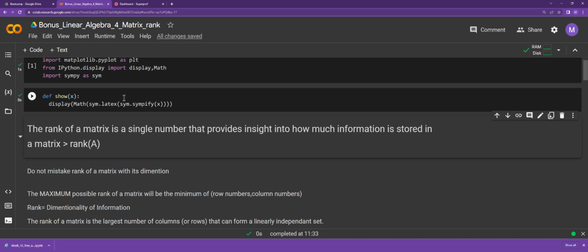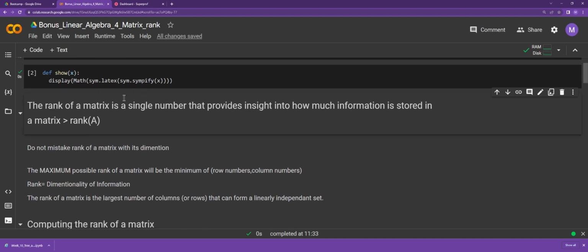Whereas if a matrix has three columns and two of the columns are linearly dependent on each other, then basically it has a lower rank, because you can then say that only two of the columns technically bear information that is going to be useful.